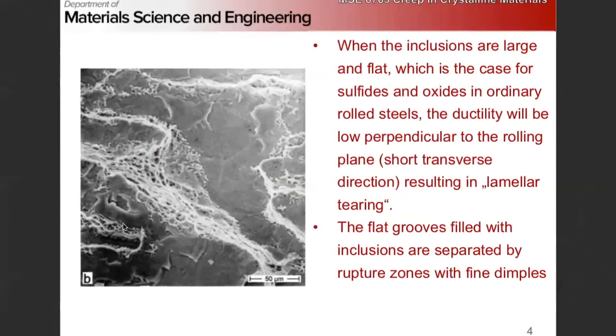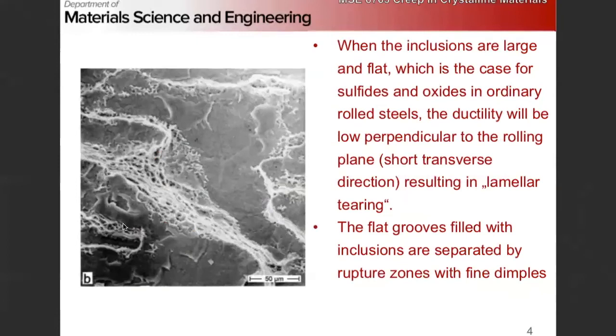So that means perpendicular to that direction, we now have ductile material sandwiched between thin layers of brittle material. Right? And so what we see then is these large flat areas separated by a ductile failure between these particles.